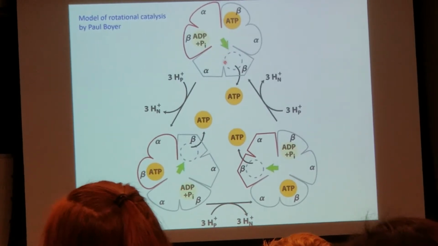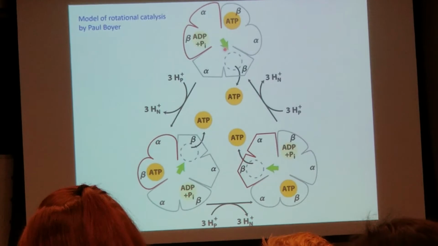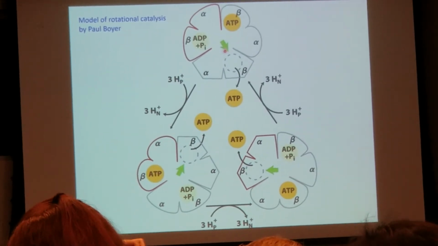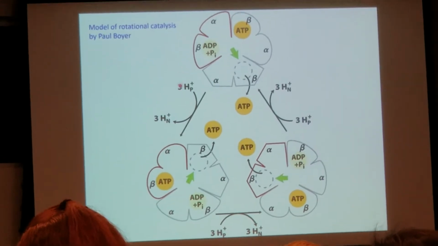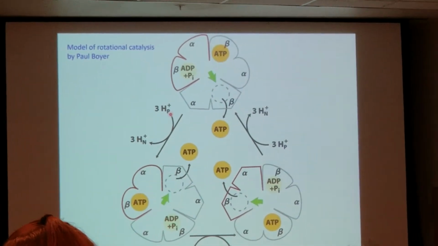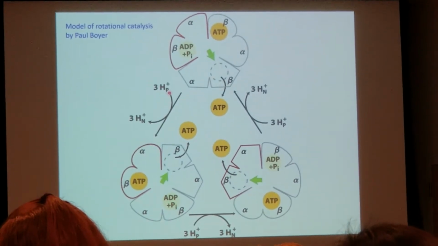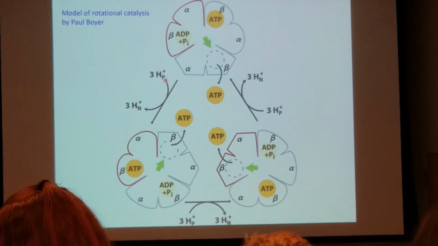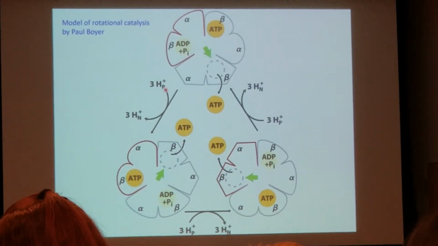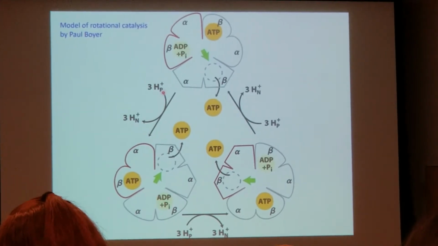Why? Because this one here just got kicked in the pants by the gamma subunit. And that's why it's releasing the ATP. And then it takes 3 protons from the positive side going through the wheel. So again, in yeast, we've got 10 binding sites. The 3 protons coming out are not the same as the 3 protons coming on. It's a continuous wheel.